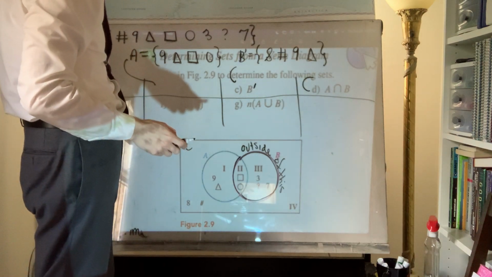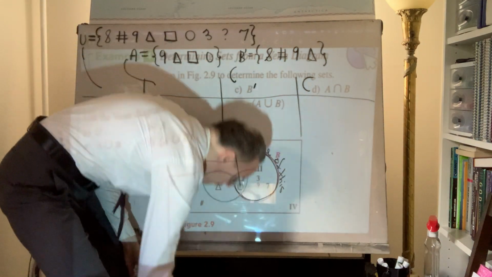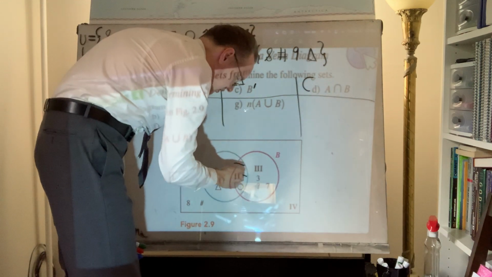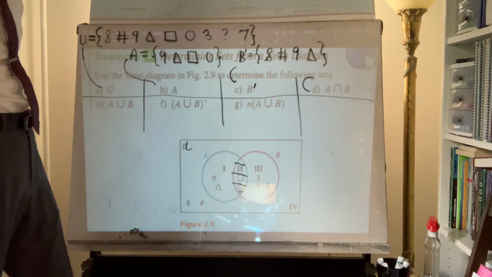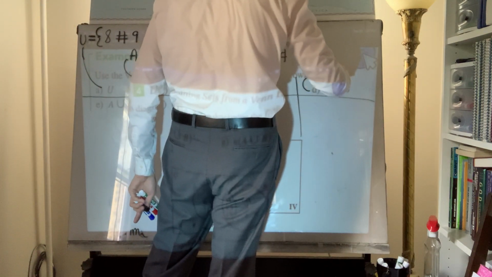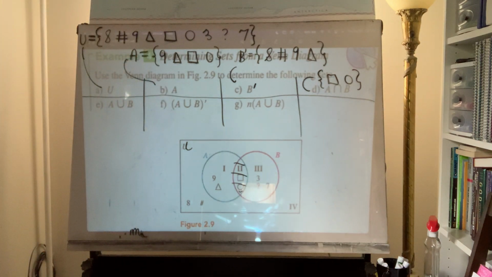That would be referring to the overlapping region known as 2, so essentially the biscuit here, which is just a square and a circle. Not too complicated, right?